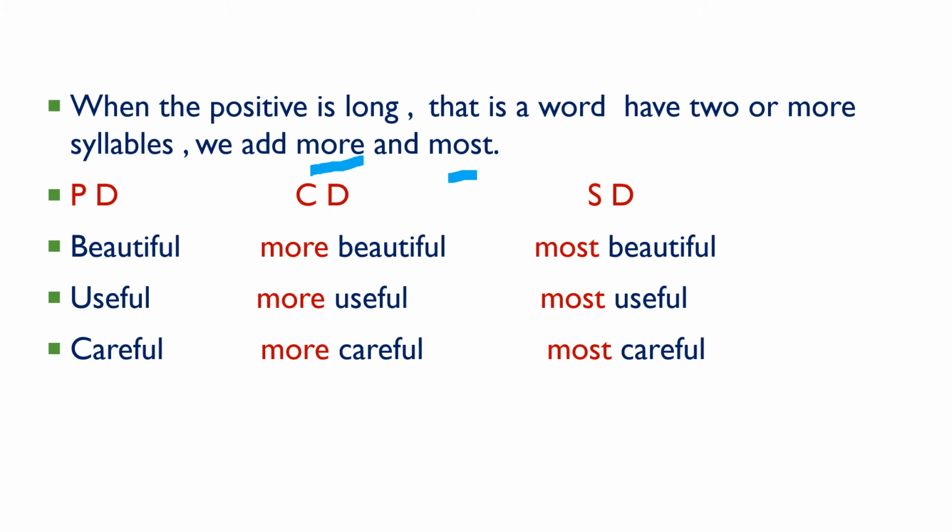The word beautiful has more syllables. That's why we use more and most in comparative and superlative degrees. Beautiful, more beautiful, most beautiful. Useful, more useful, most useful. Careful, more careful, most careful.